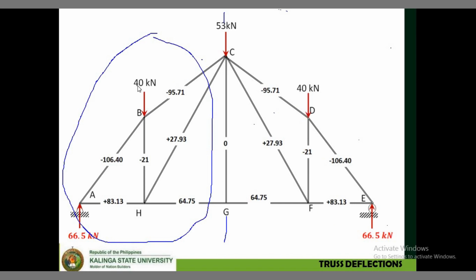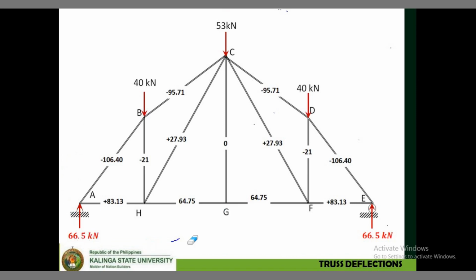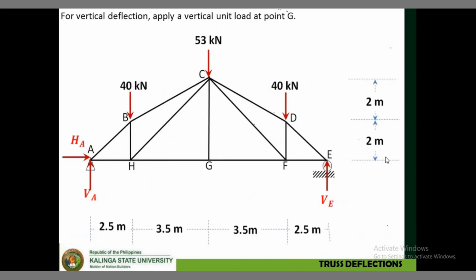But, whatever you used, method of joints or method of sections for the analysis, pareho din naman yung makukuha ninyong sagot. Okay? So, itong mga values na nakikita ninyo sa inyong mga screen, that is the P system. Ito ay step 1 pa lang. Okay? Now, we go to step 2.